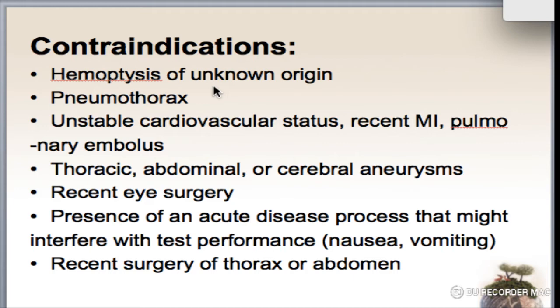For ophthalmology cases, there is a possible increase in ocular pressure. Also, the presence of an acute disease process that might interfere with test performance, like nausea and vomiting, is a contraindication to the test. Also, recent thoracic or abdominal surgery within the past 3 months.